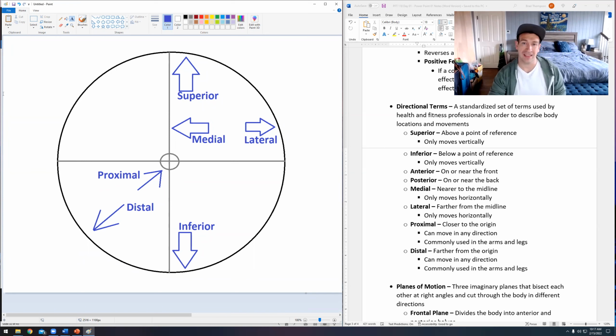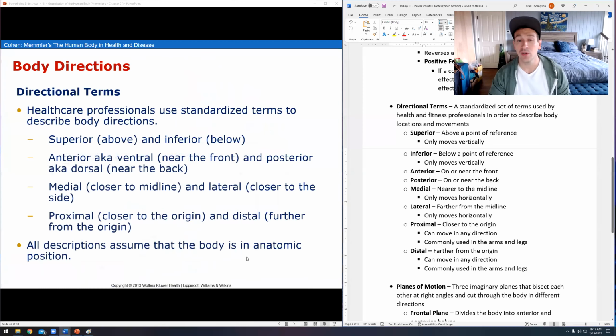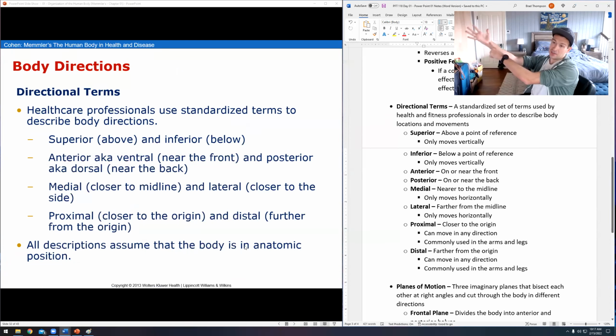Oftentimes when we're describing the arms and the legs, we'll use proximal and distal as our terms, right? So my wrist is more proximal than my fingers because it's closer to my center. If you were to draw with a marker, it would take less ink than if you were to come from my fingers all the way there.